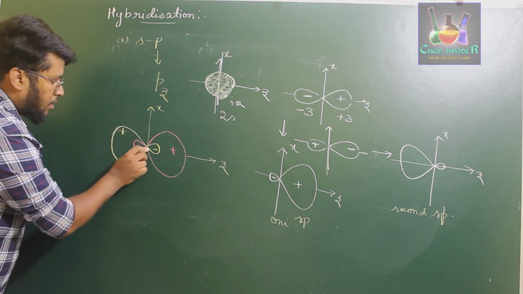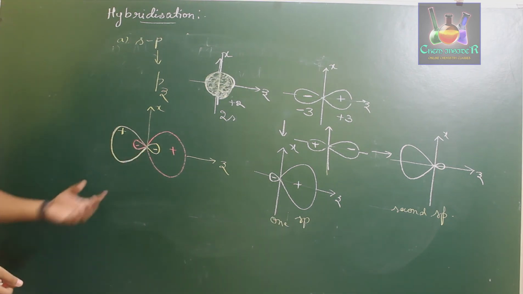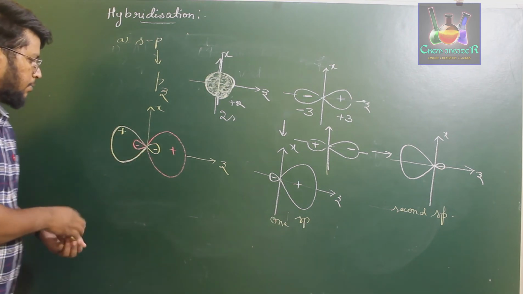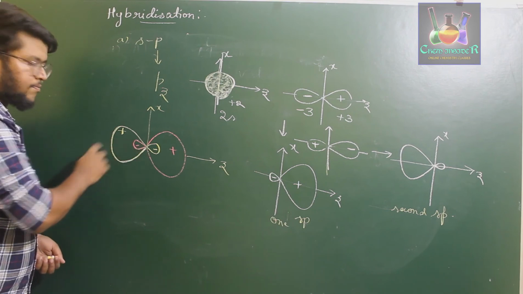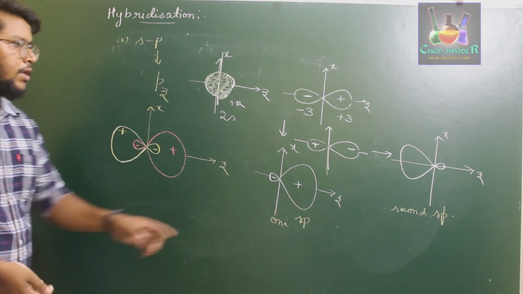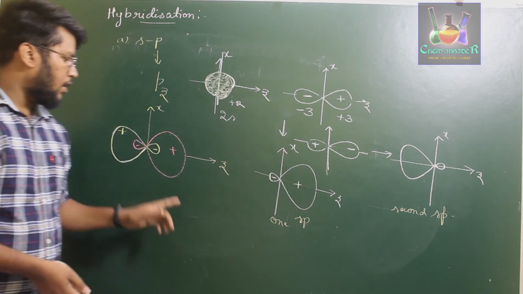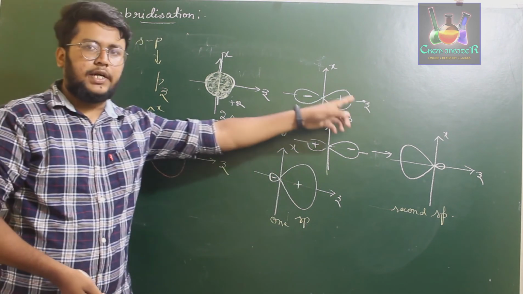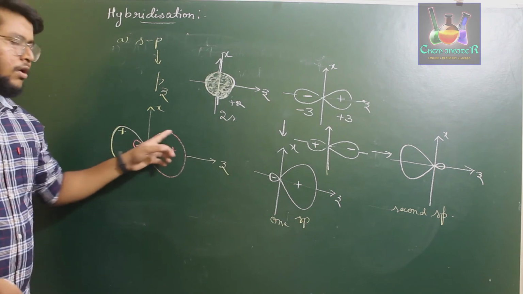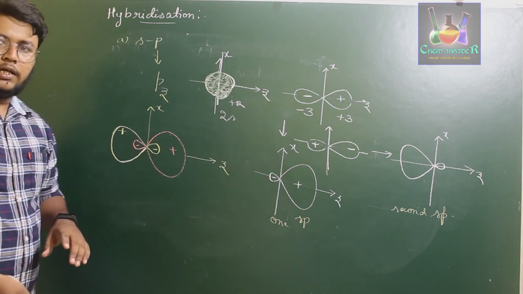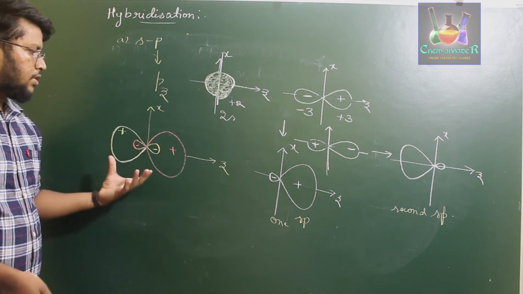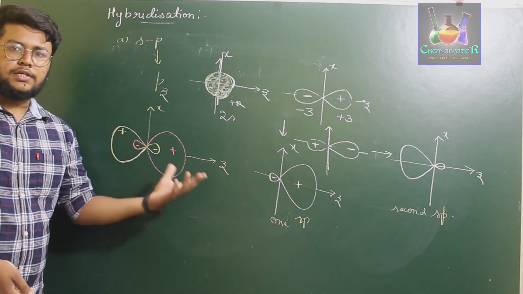So if beryllium undergoes sp hybridization, it will have one hybrid orbital which is in yellow on the left hand side when the positive charge of the pz orbital is on the left side. If the positive charge of the p lobe is on the right side, then it will form the lobe which is in the form of pink color. Okay, so this is how sp hybridization takes place.